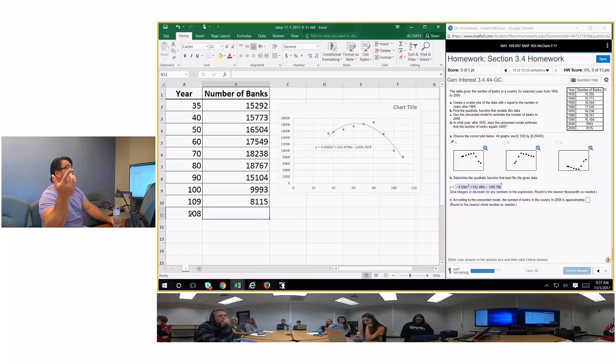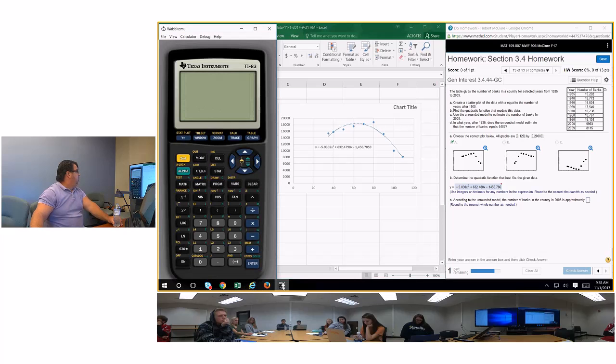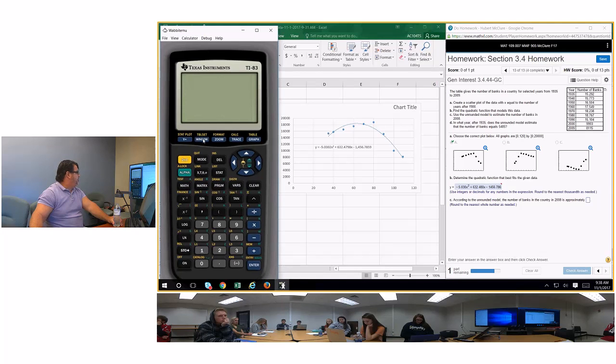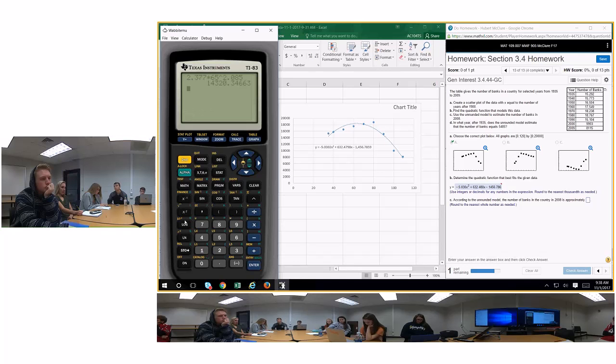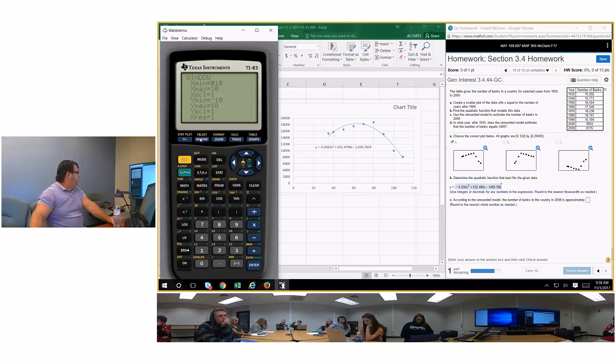Go to your calculator and hit Second Table Set and go down to Independent and hit Ask.